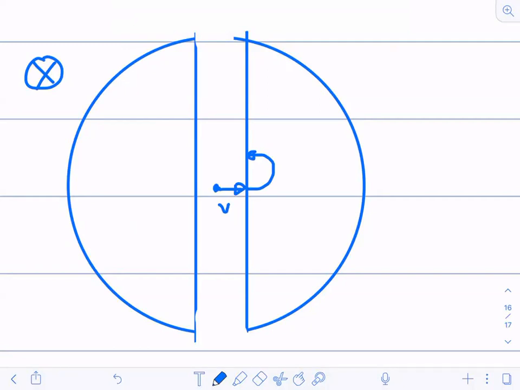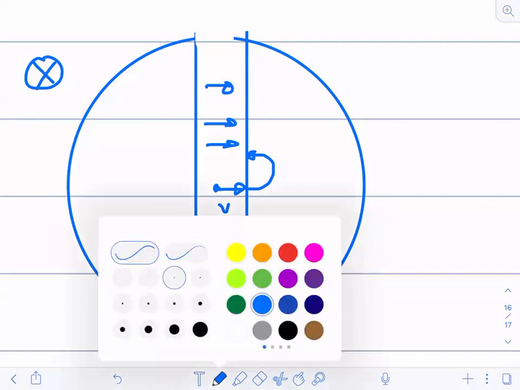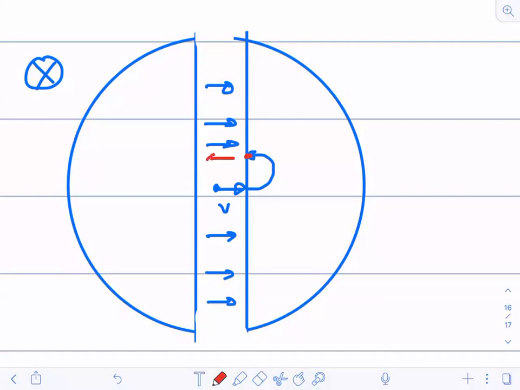It reaches here, okay. And as soon as it reaches this point, what will happen now? This is a positive charged particle, and you see that the electric field is in this direction. If the electric field is in this direction, and you have a charged particle which is moving in this direction, its velocity will increase or decrease?